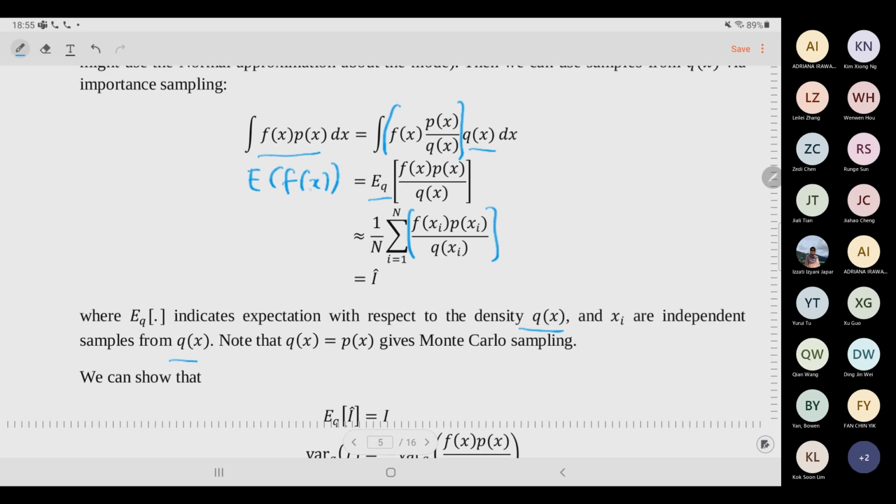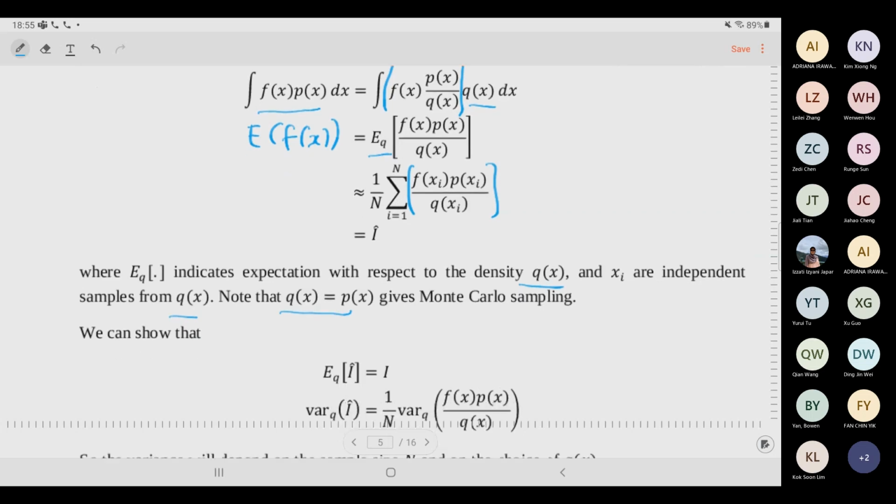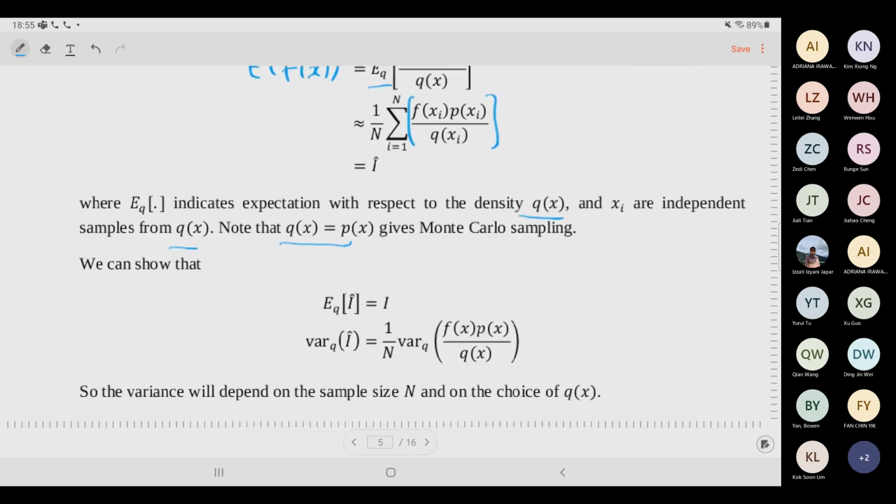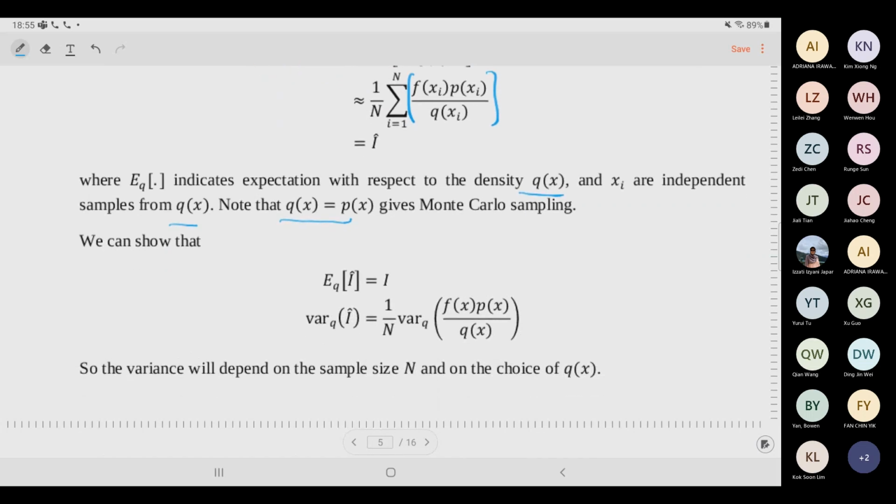Take note that if your q and your p are equal, you just get back the normal Monte Carlo sampling. Again, we can show that this I hat is an unbiased estimator, but the variance again depends on the sample size n.